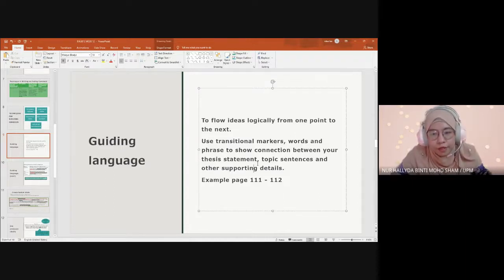When we summarize, you can say thus, or in short, in summary. Even in a body paragraph, you still need to summarize your body paragraph. Okay, let me show you another example.